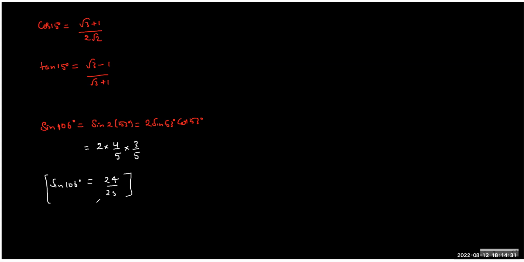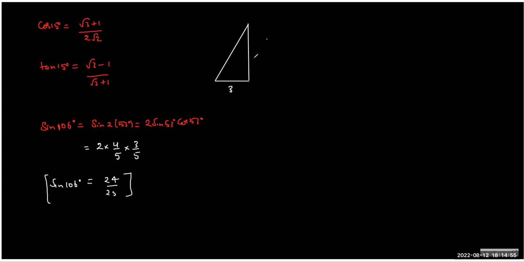I hope this is clear. So sine 53 is 4 by 5. Sine 37 is 3 by 5. Always draw the 3, 4, 5 triangle if you remember. 3, 4 is bigger, let's make it extra bigger. And this is 5.